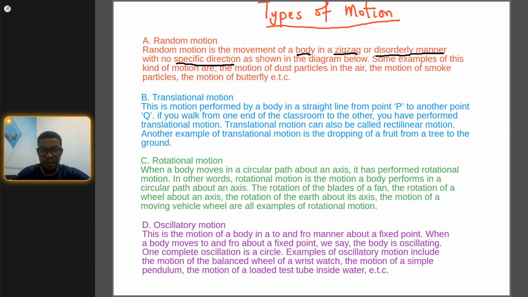I'm going to send a diagram for us to see what random motion is all about.